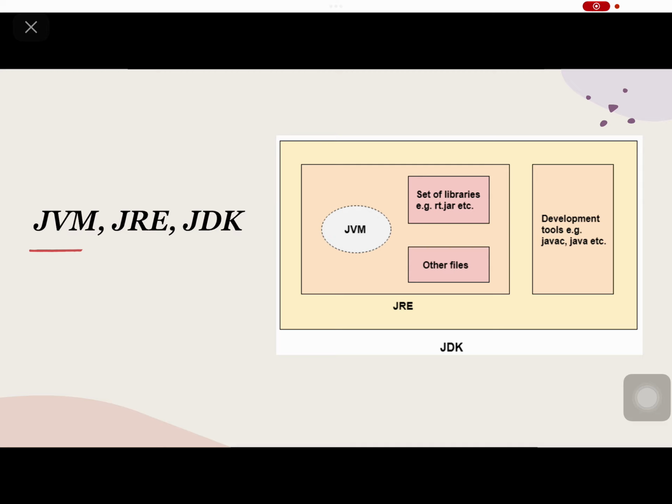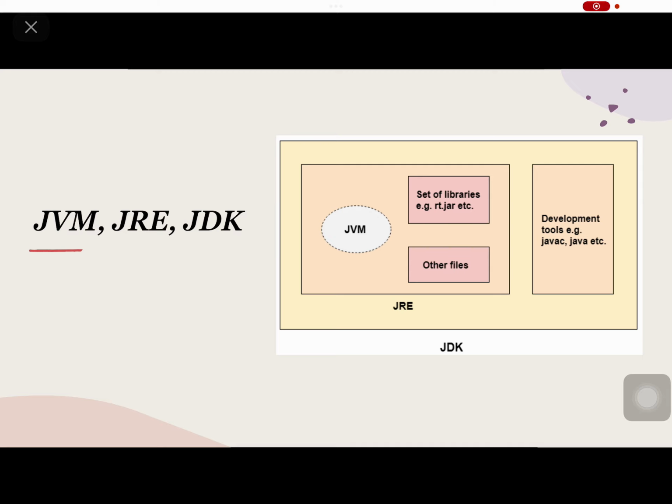It can also run programs written in other languages and compiled to Java bytecode. JVMs are available for many hardware and software platforms. JVM, JRE and JDK are platform dependent because the configuration of each OS is different from the others. However, Java is platform independent.